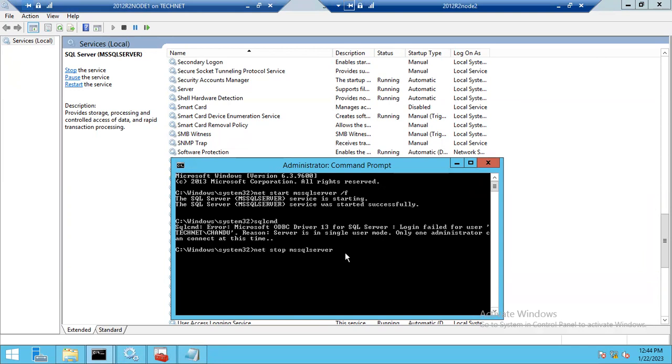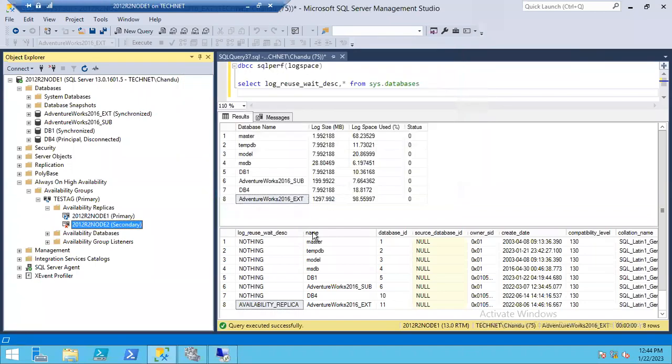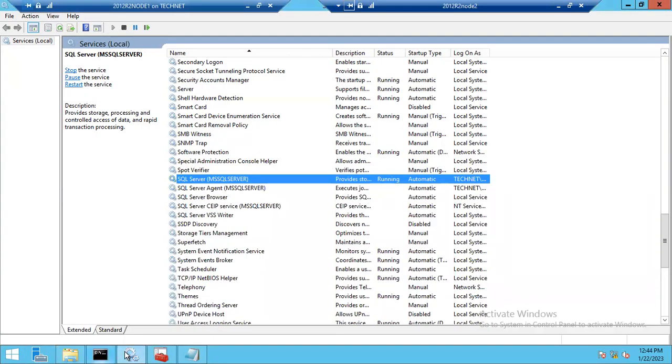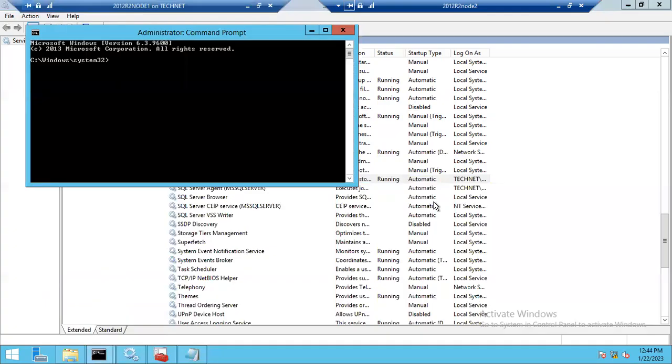Let me see if I have any connection open. Close it. Okay, let's start MSSQLSERVER with /f for minimal configuration and /m. /m is for single user mode.